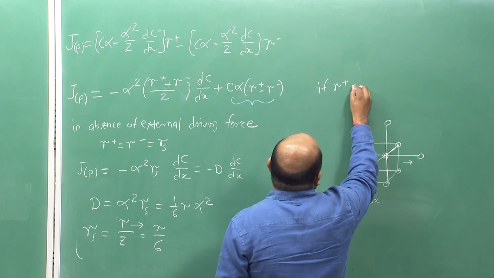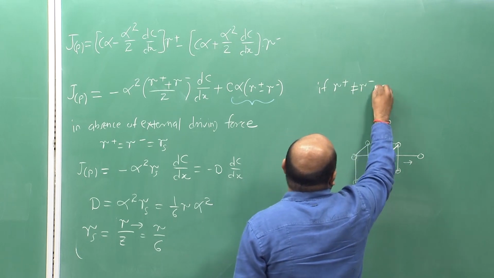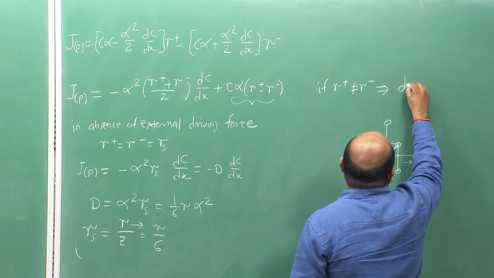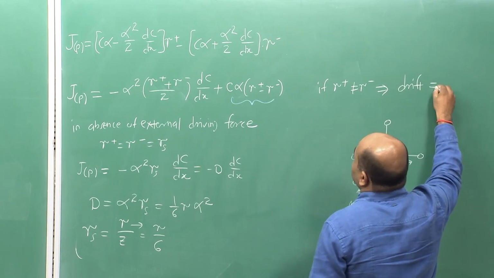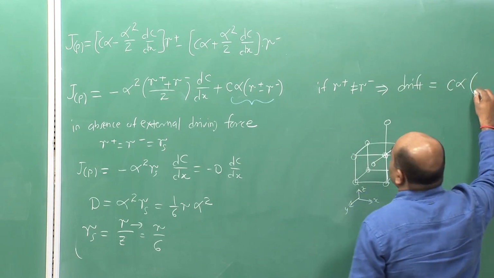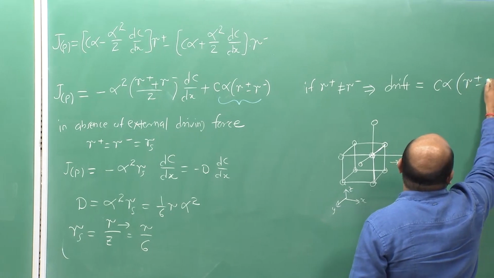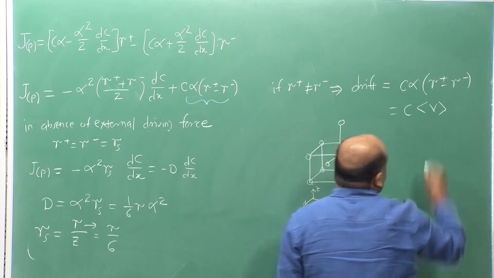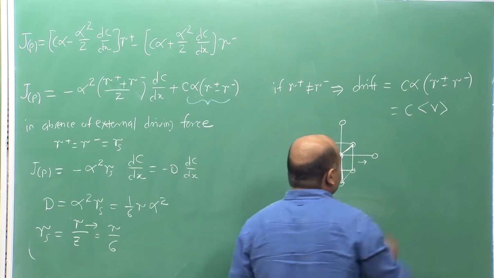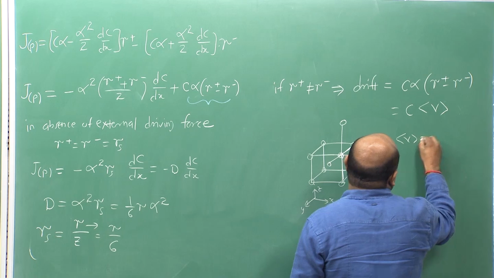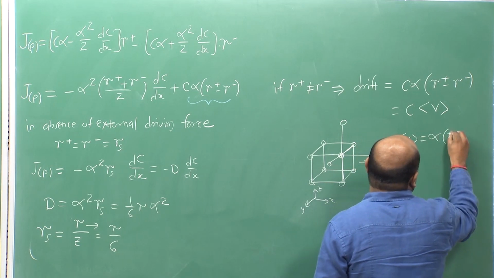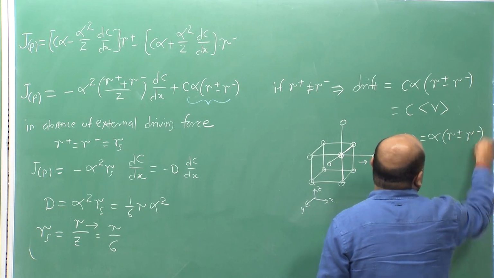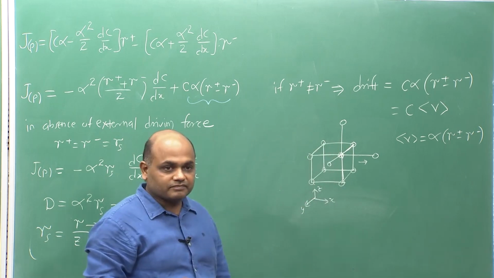So, if gamma plus is not equal to gamma minus, we get a net drift which is equal to C alpha times gamma plus minus gamma minus, and we know the drift is equal to C times v. So, the drift velocity comes out to be alpha times gamma plus minus gamma minus.